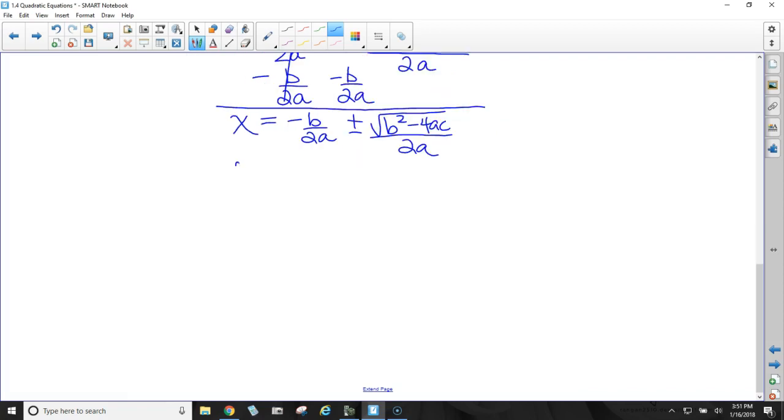And so we'll probably see x is equal to negative b plus or minus the square root of b squared minus 4ac, all of that over 2a when we combine.